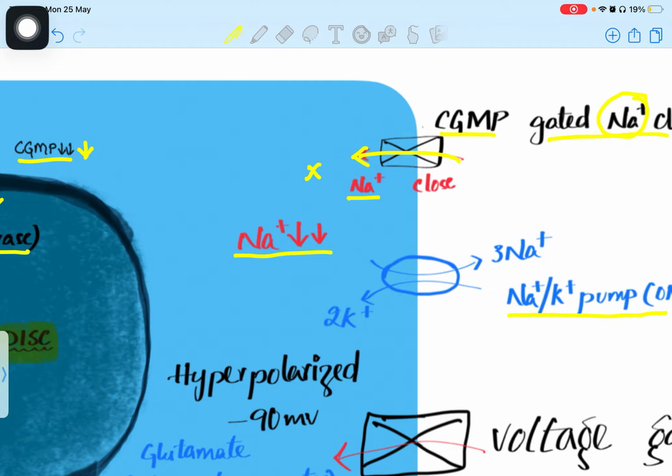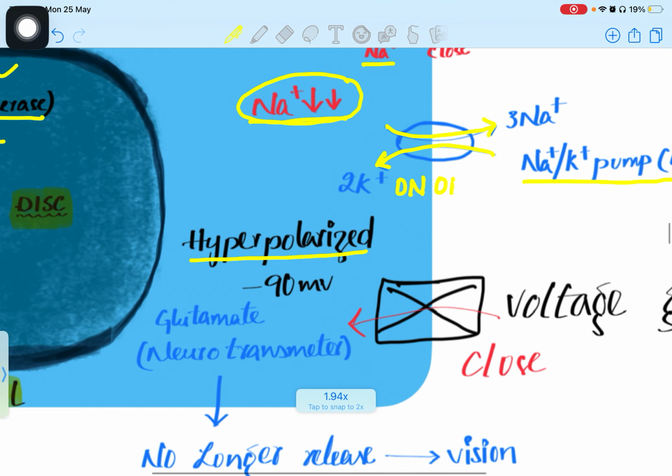There is also a potassium sodium pump present, which is in the open condition. Potassium is entering the cell and sodium is going outside the cell, so again the sodium is decreasing. Because of the lower amount of sodium, a hyperpolarized condition forms, with about minus 90 volts here.